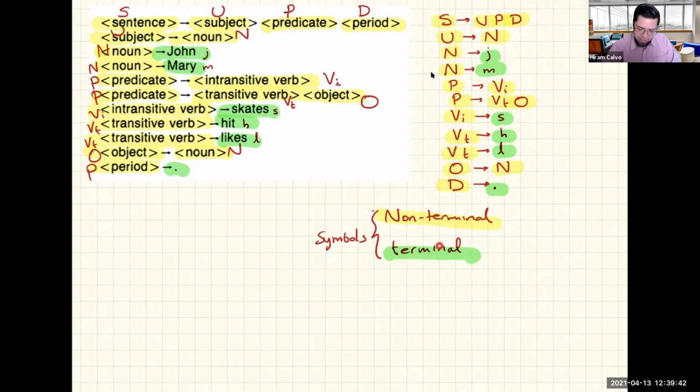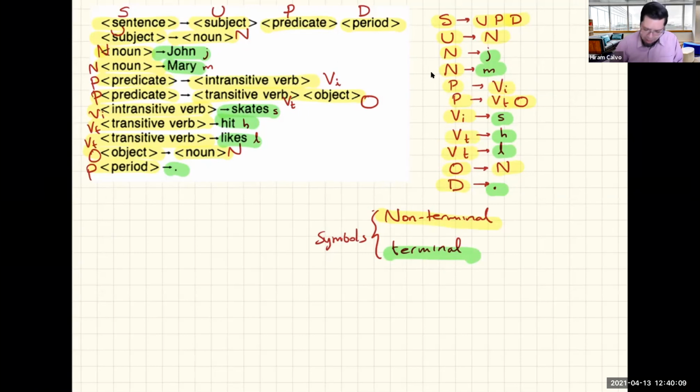Remember that terminal symbols are those that cannot be rewritten, because in order to rewrite a symbol, it needs to be a non-terminal symbol. And also pay attention here that these I and T are just part of this symbol. It's as if this were one letter, just with a subscript. Don't be confused by that.